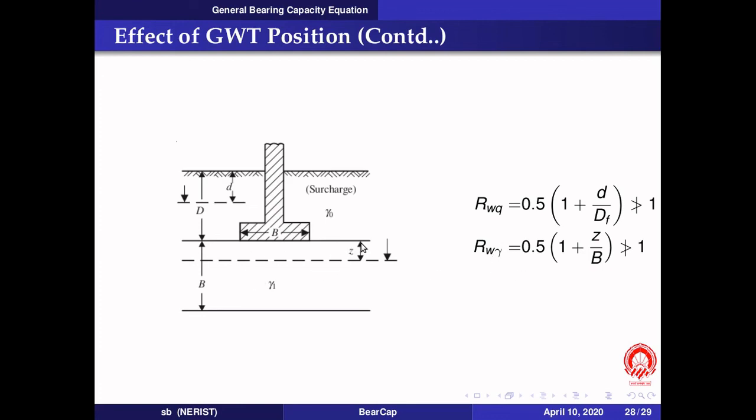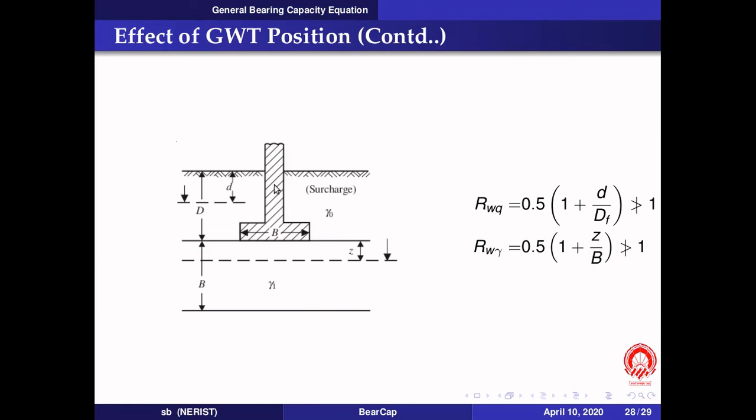That's why we measure the depth from the base of the foundation, which is called Z. In that case, RW gamma will be given by 0.5 into (1 plus Z by B). Once again, if Z is 0, that means the water is at this level, then this portion will be multiplied by 0.5. RW gamma is 0.5 because this becomes 0, and this is not affected. The question of D doesn't come at all, so it becomes 1.